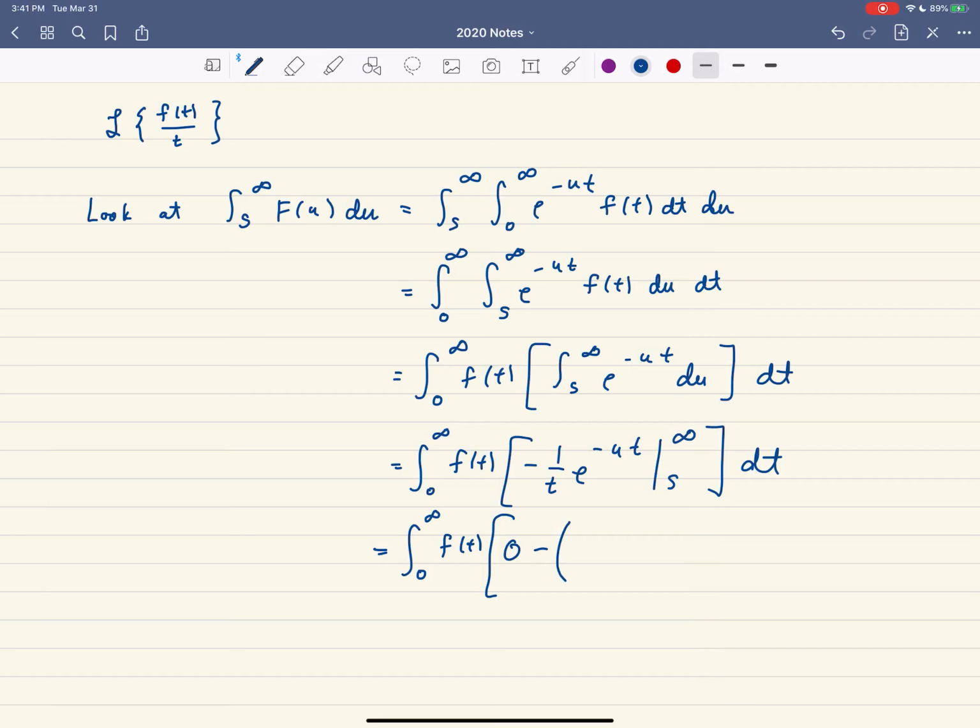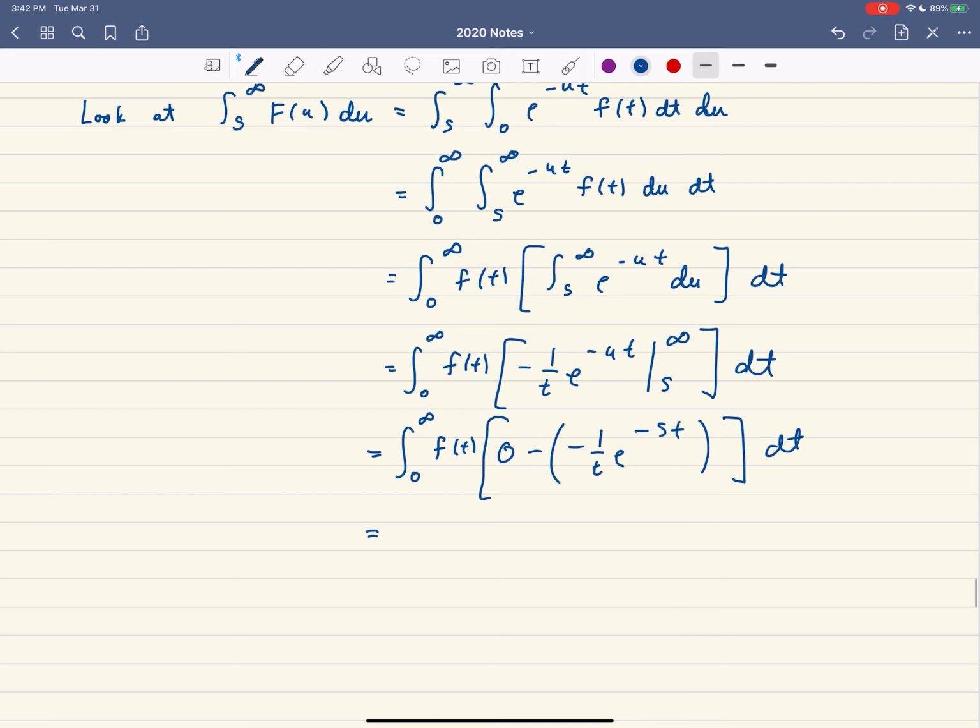And then we're going to subtract what we got when we plug in u equals s. So that's going to be negative 1 over t, e to the negative st, and then we still have our dt.